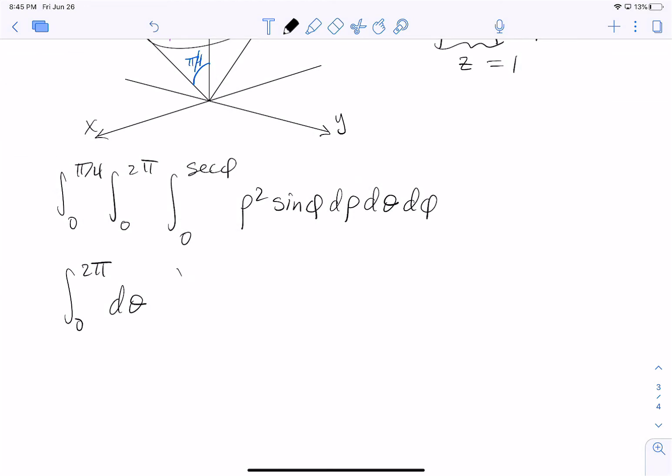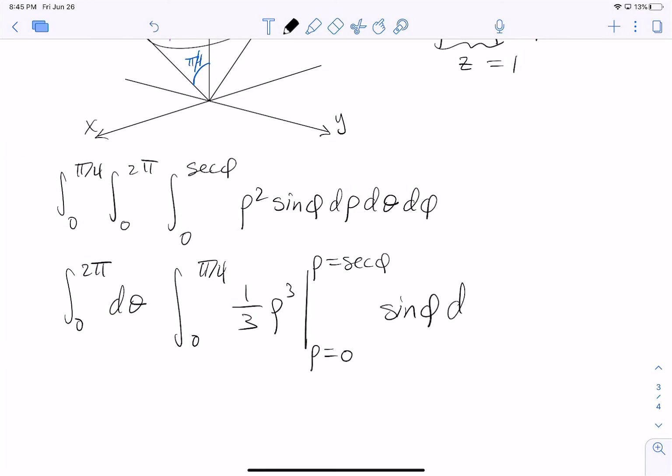Now for the rest of it, we have the integral from 0 to pi over 4. And now I'll go ahead and integrate with respect to rho. We have rho squared sine phi. But when I integrate with respect to rho, I'm using the power rule on rho. So this is 1/3 rho cubed, evaluated as rho goes from 0 to the secant of phi. And then we have sine phi remaining d phi.